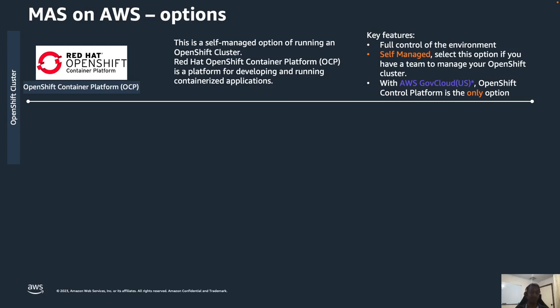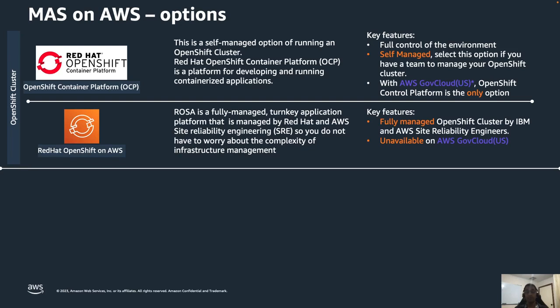It is self-managed though, which means that they need to have resources at hand to be managing the cluster, performing version upgrades, performing patch management, and all the elements of infrastructure management when it comes to Red Hat OpenShift. Right? If you are a customer that has a requirement to run your Maximo workload in AWS GovCloud, let's say you're a nuclear customer, for example, then OpenShift Container Platform is certainly the only option on AWS.